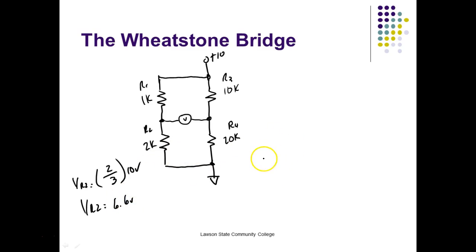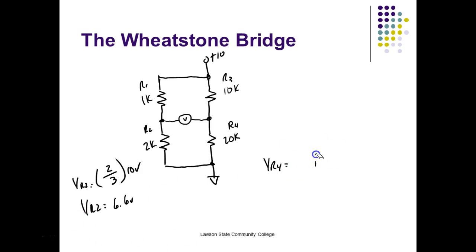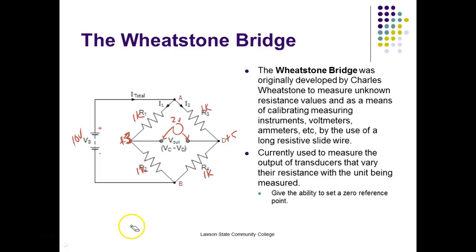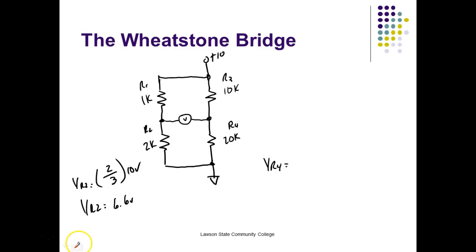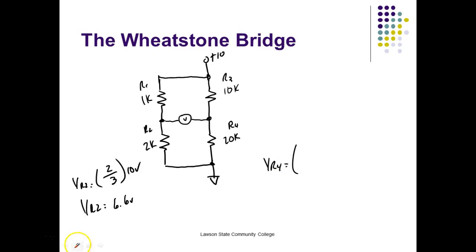Okay, so let's do it over here. So VR4, which is the one that's on ground, would equal 10K over 20K. K is going to cancel. 0 is going to cancel. I mean over 30K, I'm sorry. What do we end up with? Sorry guys, hold on. I'm getting away from myself. So this is going to be equal to 20K.